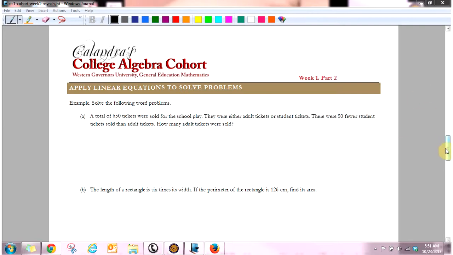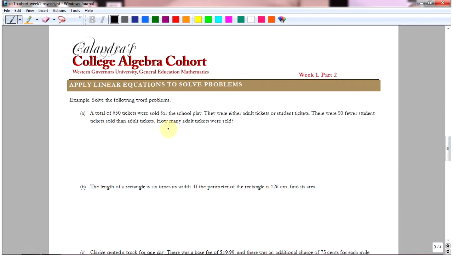Since we're dealing with algebra, whenever you are looking for something, in this case the number of adult tickets sold, we want to assign a variable to it since we don't know it. So I'm going to let A equal the number of adult tickets sold.